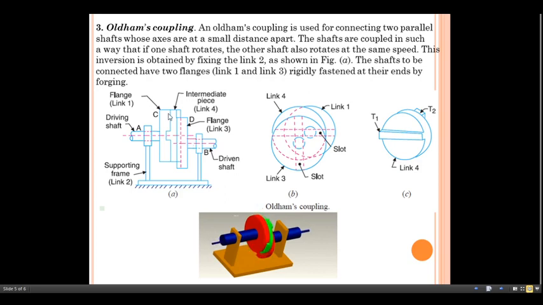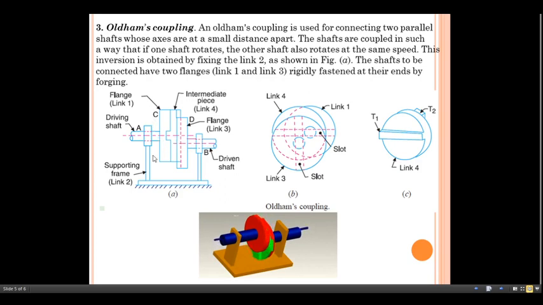If you focus on the driving axis and the driven axis, see that some distance remains. No doubt both shafts are parallel with each other, but a small distance is there. In that condition you can use the Oldham coupling.